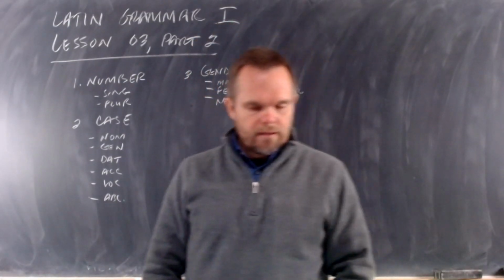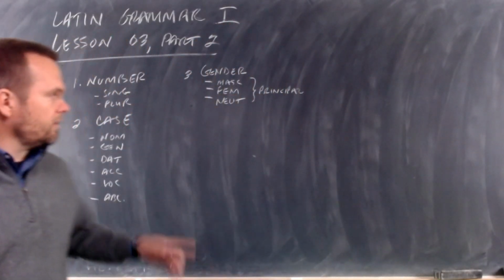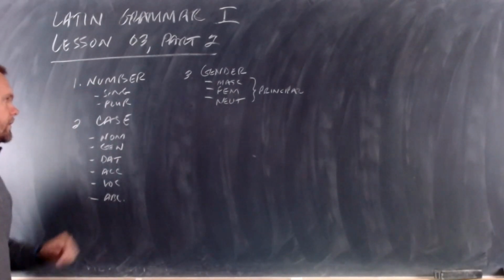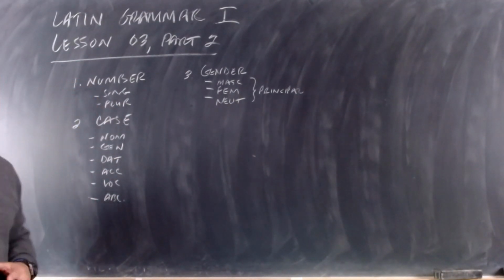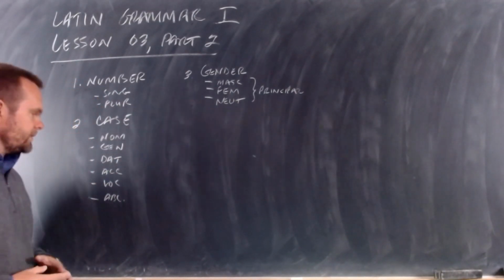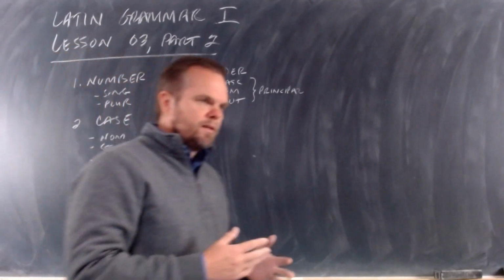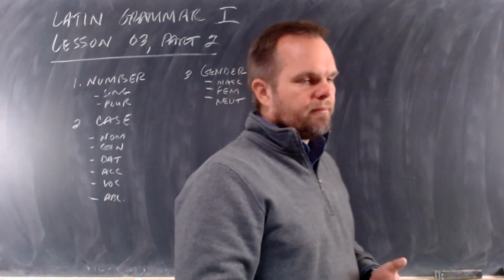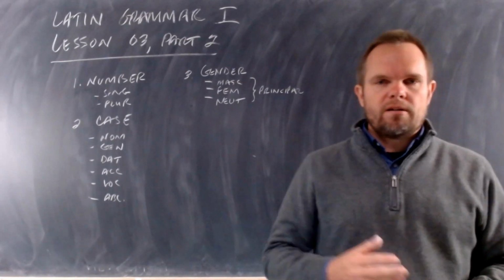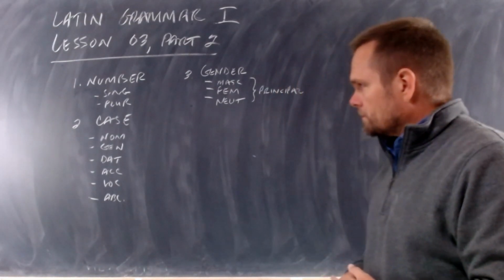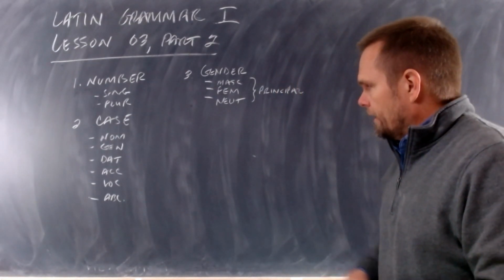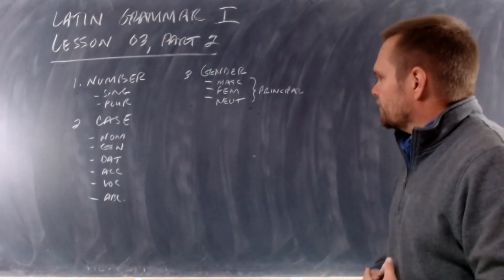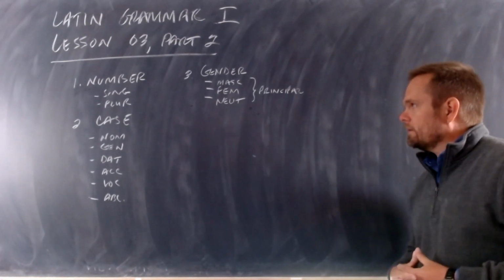Okay? If you want to take a minute just to look over that outline. We learned number, and the options are singular and plural. We learned case. There are 6 cases: nominative, genitive, dative, accusative, vocative, ablative. And then we learned the first 3 genders: masculine, feminine, and neuter.